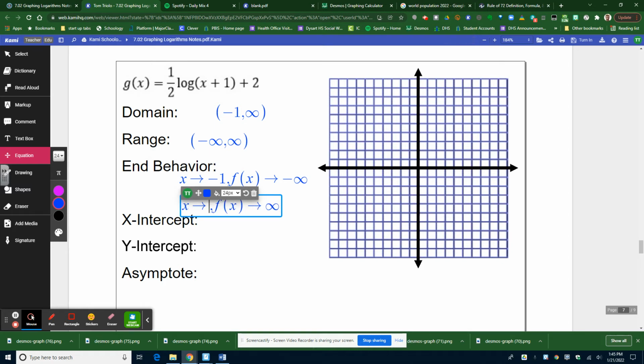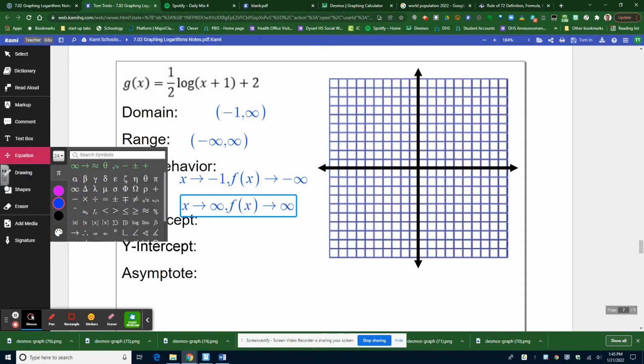Is it going up? Yep. So I can leave that alone, right? Okay. We're going to hold off the x-intercept to last because that's where Desmos makes a boo-boo.